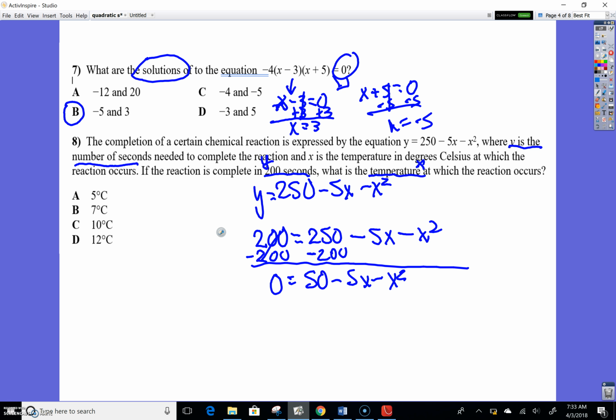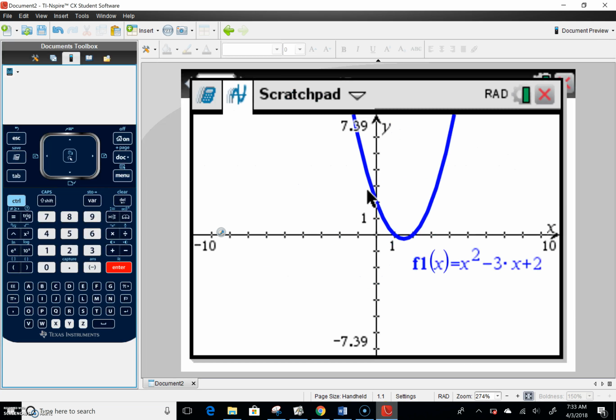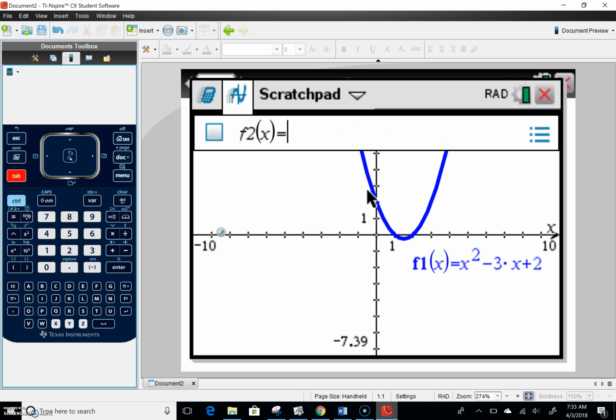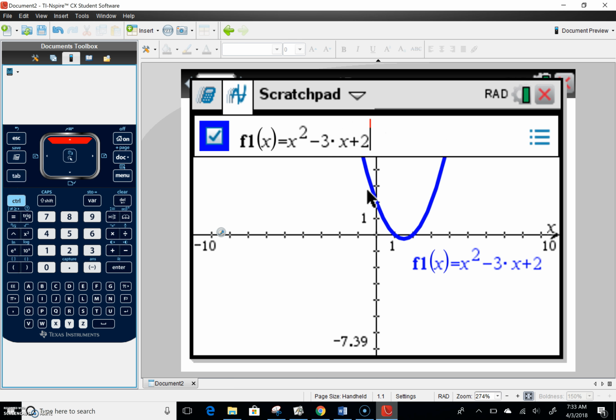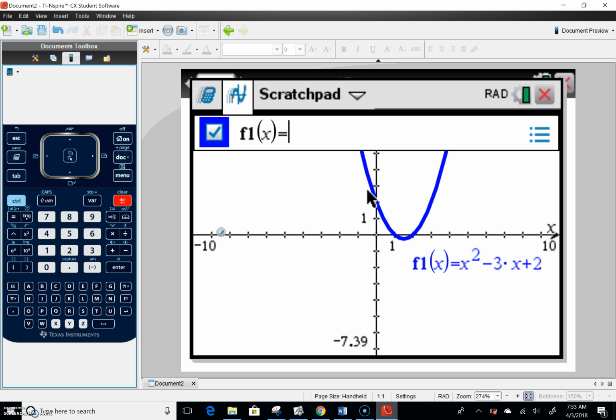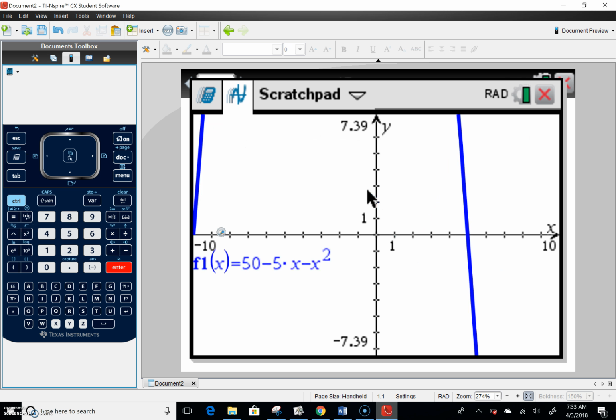So that is what I'm going to graph. Let me delete all of that. So I'm going to say 50 minus 5x minus x squared. Enter.